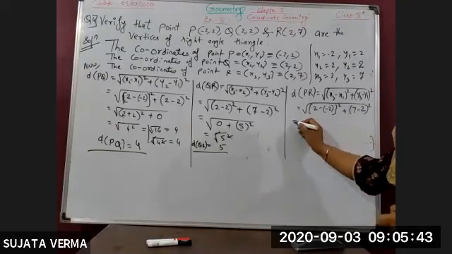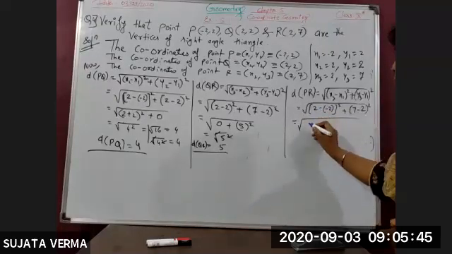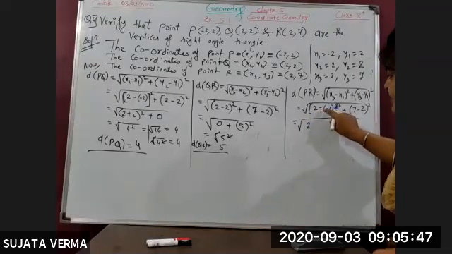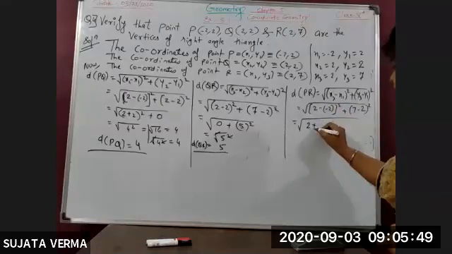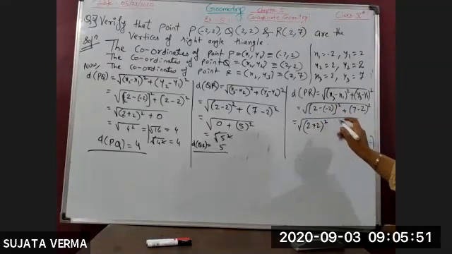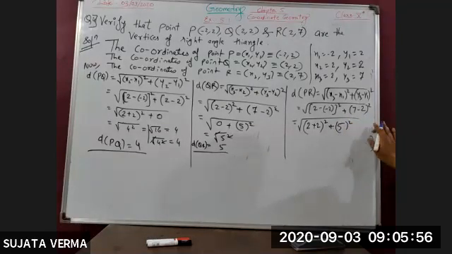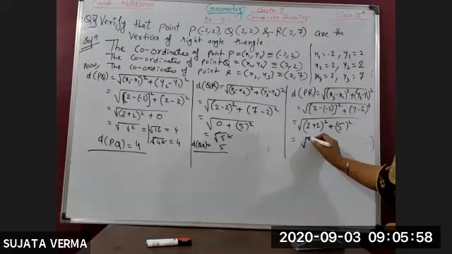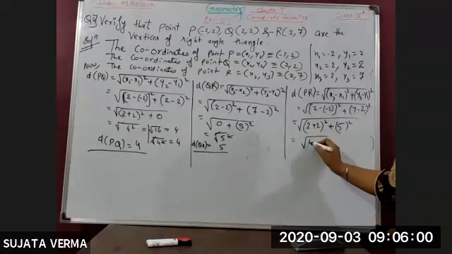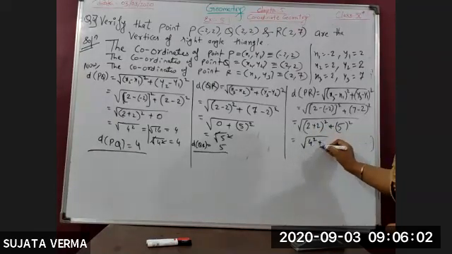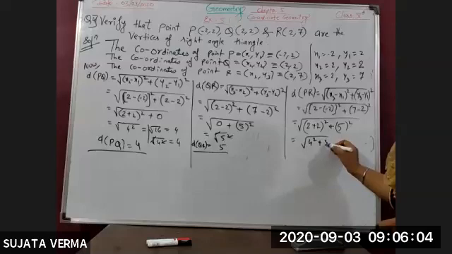Solve it. 2 as it is, this minus of minus becomes plus, 2 square. 7 minus 2 is equal to 5 square. Now plus 5 square.